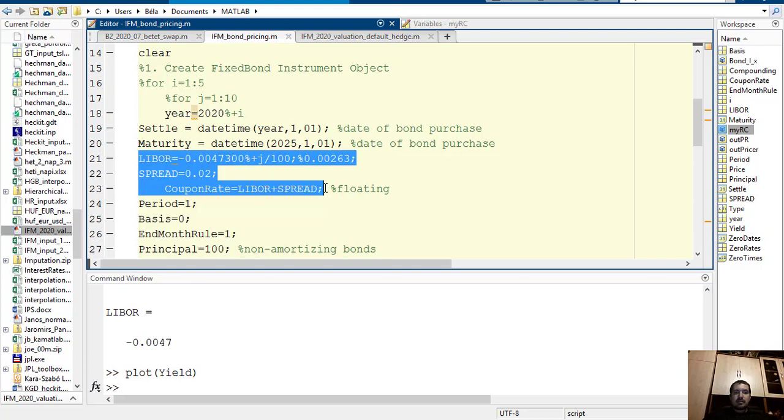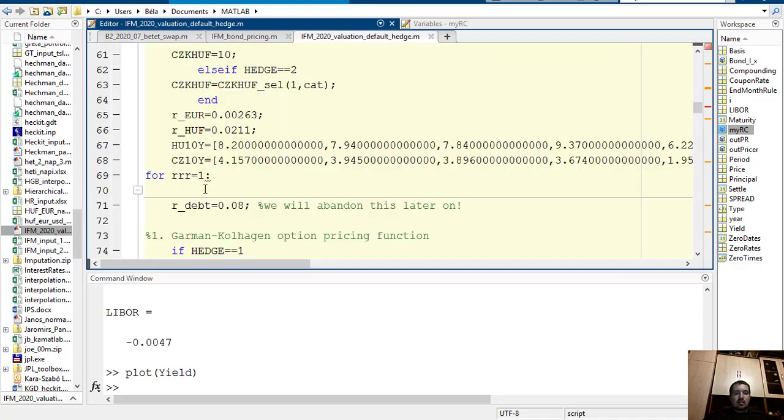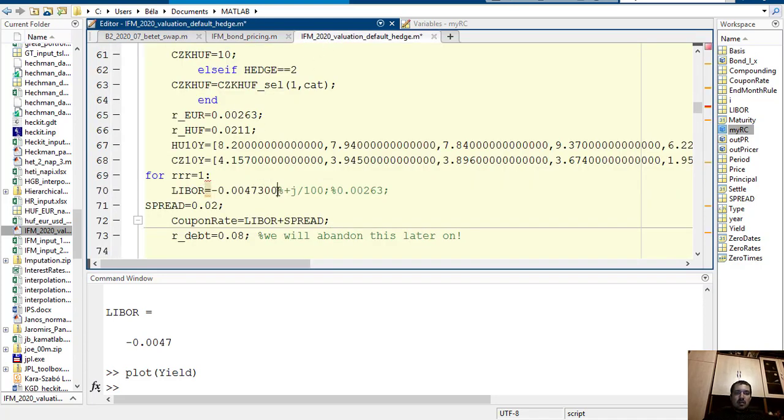Okay. But now we should delete this thing because this is the setup from the case study. And Libor spread will be R debt.